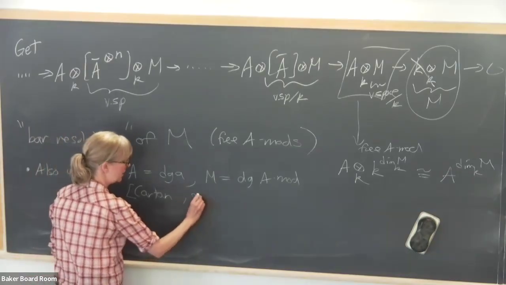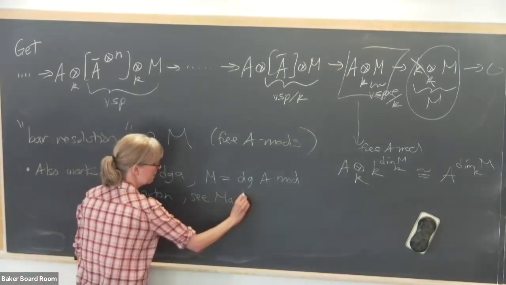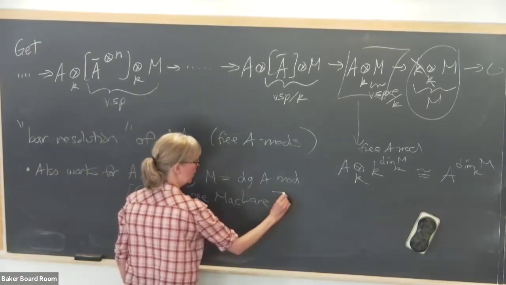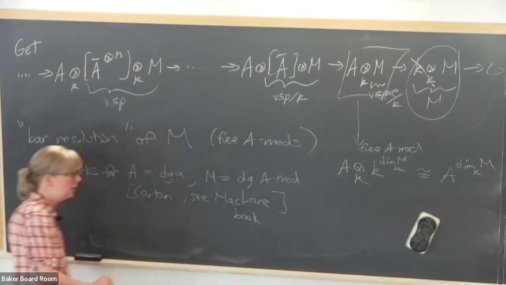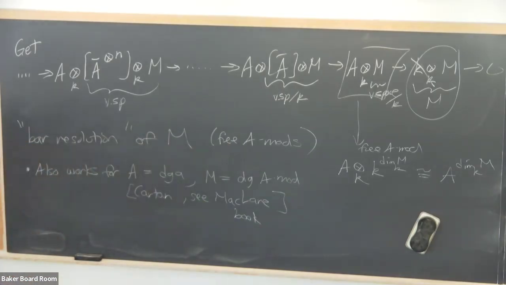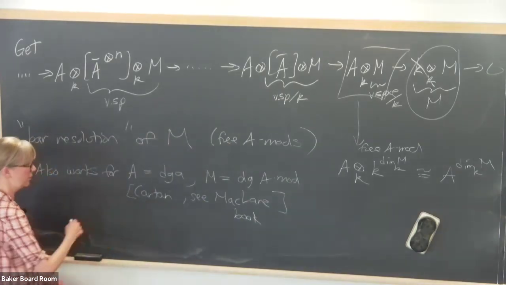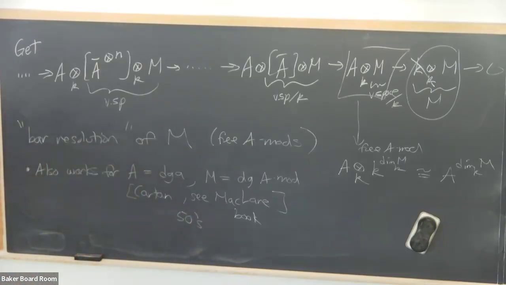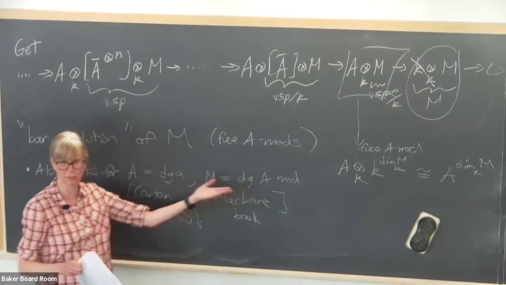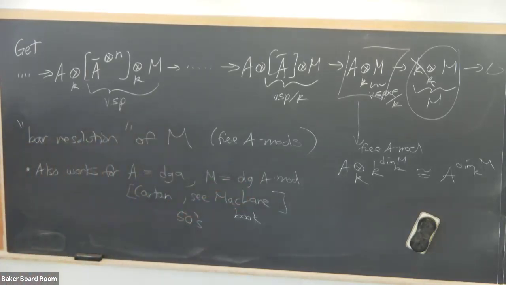You could also see MacLane's book. And anyway, that's been around since the 50s, that you could do that. But then you're just resolving this DG module, and who knows if you're interested. And again, what's so special about this is that it's canonical.